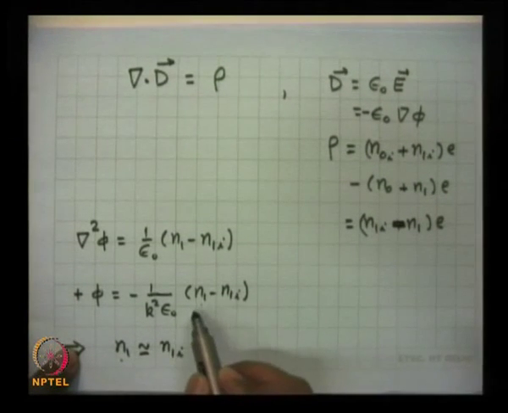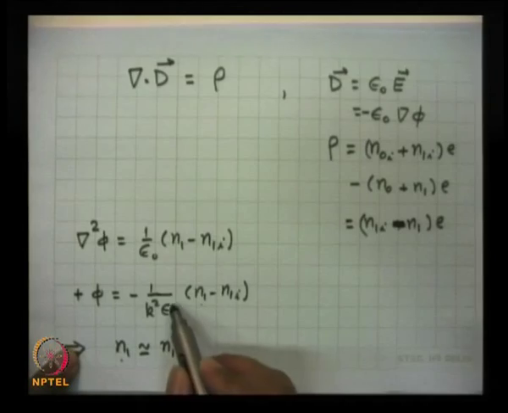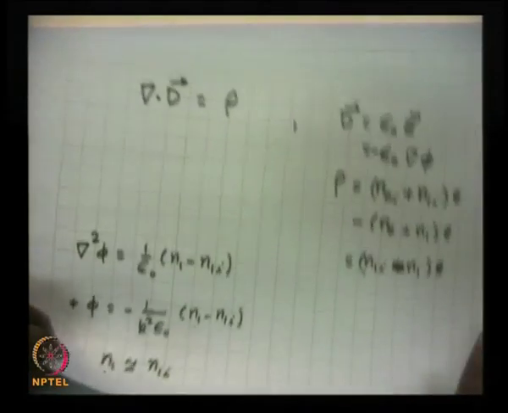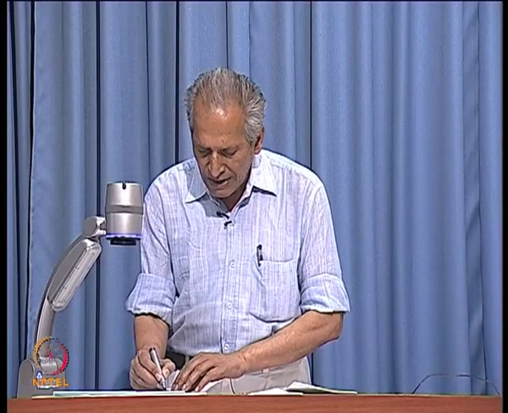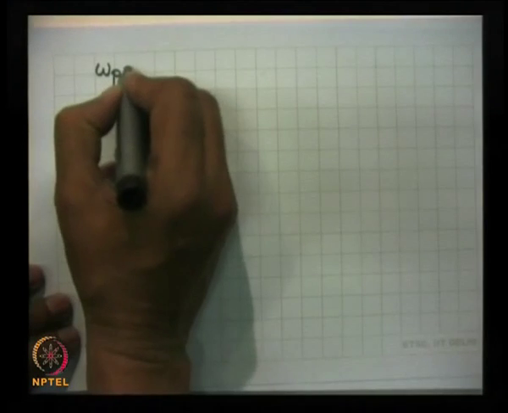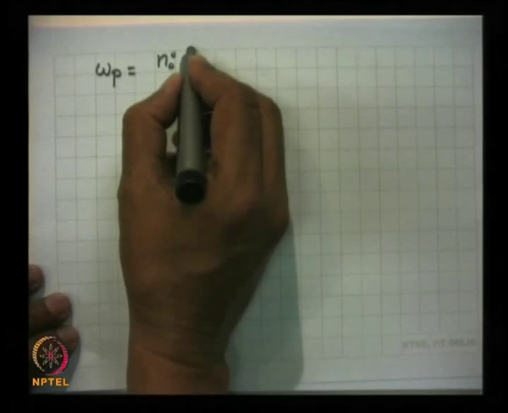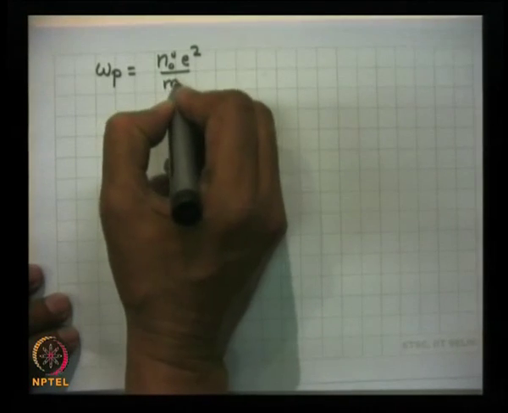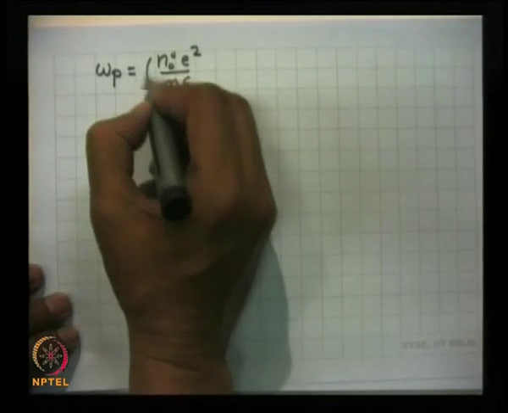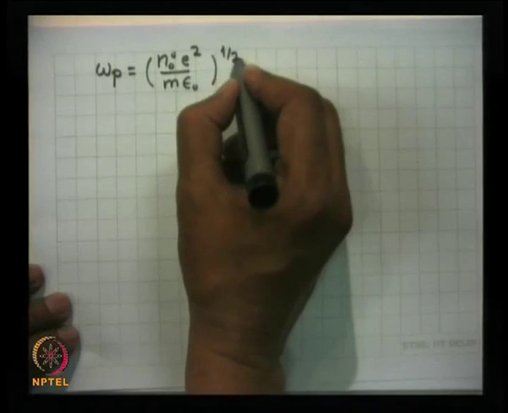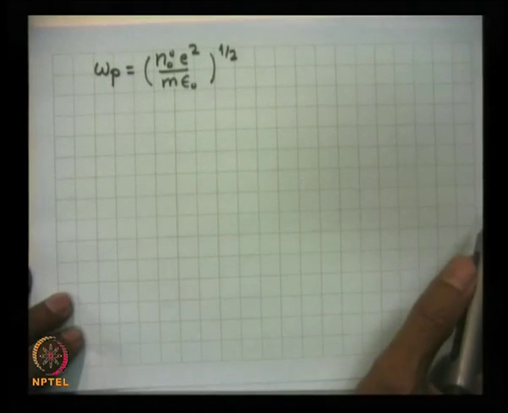Please note, I am going to divide those expressions by epsilon 0, and I will introduce a quantity called plasma frequency as (N00 e squared upon m epsilon 0) to the half, where m is the electron mass.